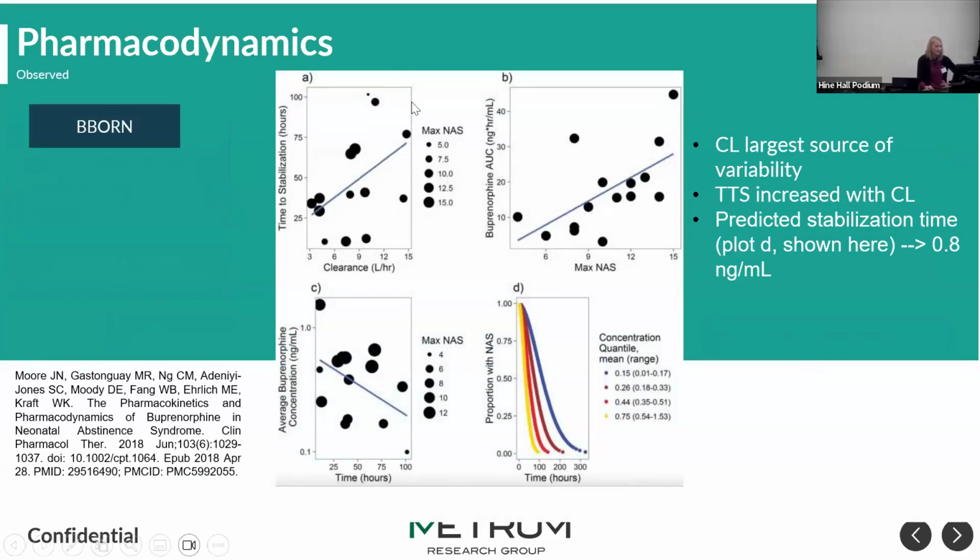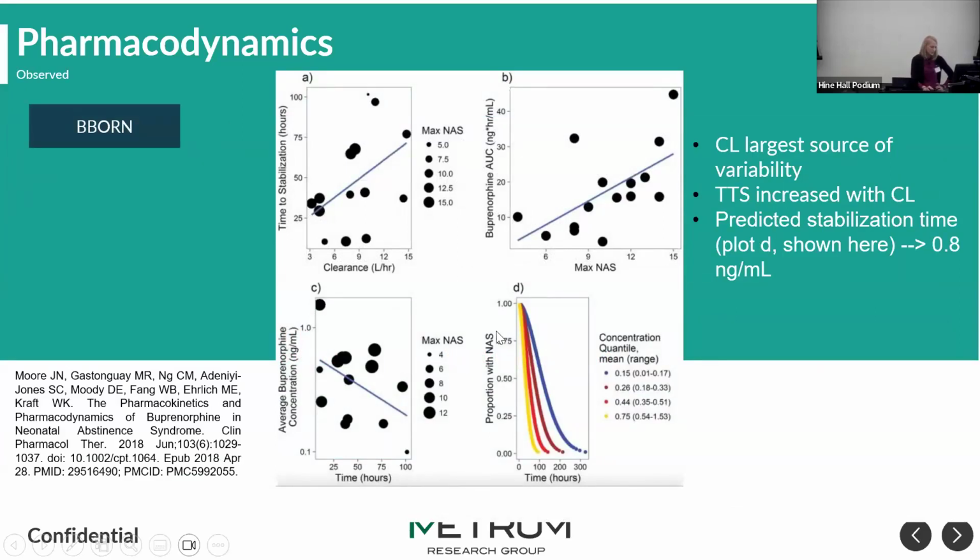They found that when we did this analysis, clearance was the largest source of variability, which is intuitive. We know that clearance was related to postnatal age, so that will change subject to subject. Time to stability also increased with clearance, which also is intuitive. So for higher exposures, you'll have a faster stabilization time.